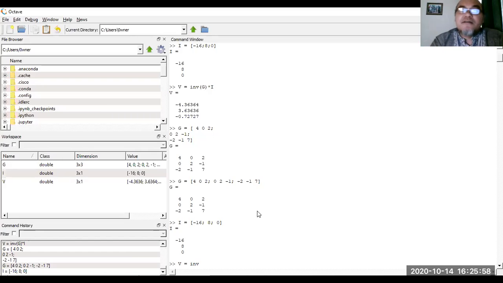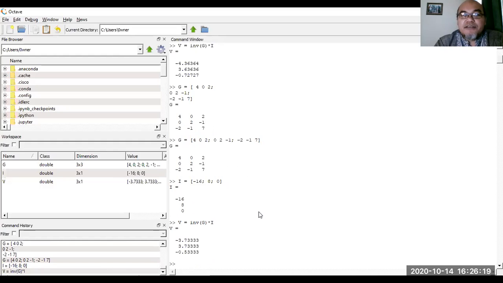It's simple, right? To calculate the inverse, you just use the function INV, then inside parenthesis is the matrix G, then multiply. Multiply means using the asterisk sign to do a matrix multiplication. Multiply by I, then you obtain the voltage value.